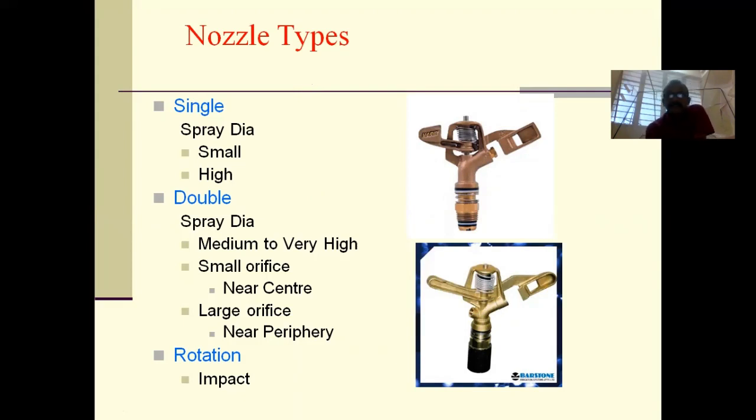And these kinds of sprinklers are used for medium to very high diameter of throws. And these sprinklers also rotate by impact. See here, it also has a rocker arm.